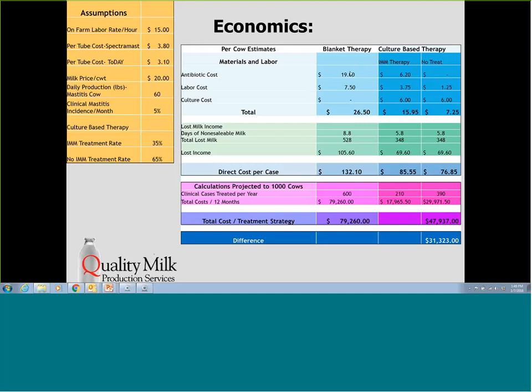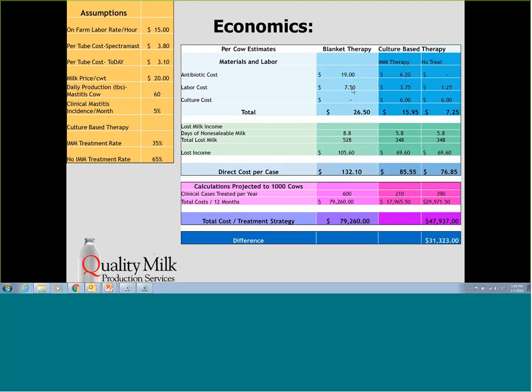So total antibiotic cost here, $19 for the blanket therapy group, and then $6.20 per case for the culture group. Labor costs a little bit more here because we had to treat them more often.